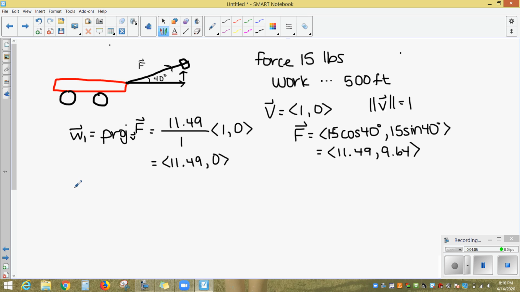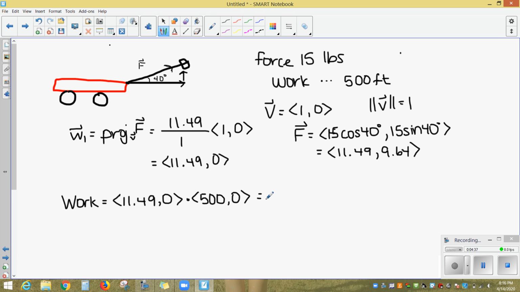So if I want to find the amount of work done on my object, I know that the force that's exerted on this guy looks like this. The distance that I'm traveling is 500 feet straight to the right.